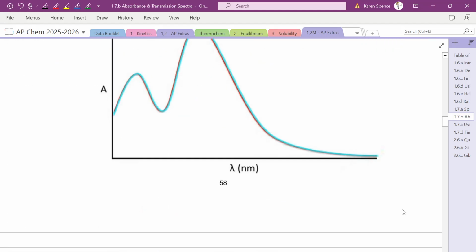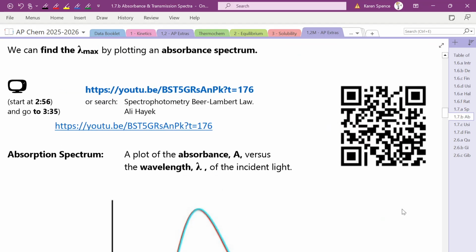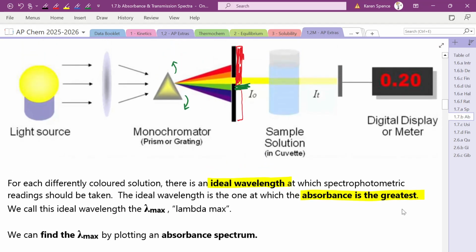This is on page 858. Okay. We call this the lambda max. I'm not sure I spelled that right. I'm not sure if there's a B in lambda. I think it might just be LAMDA, but anyway.